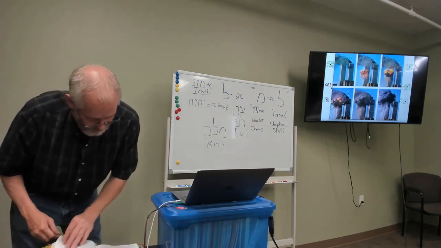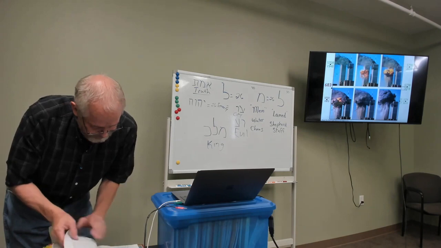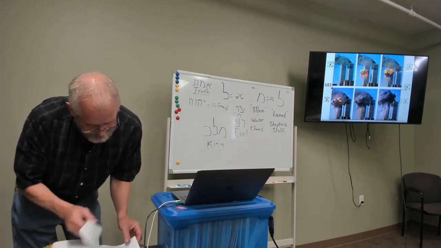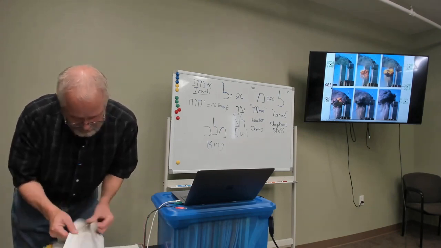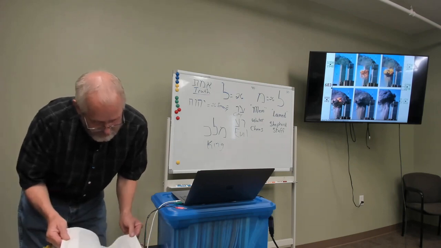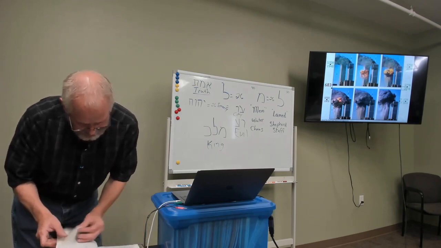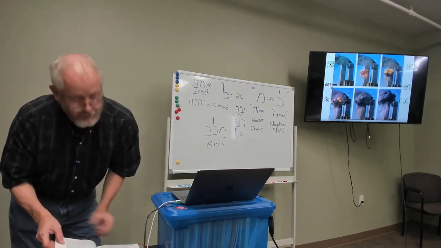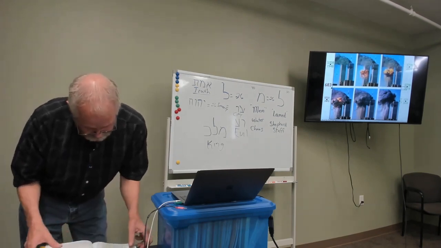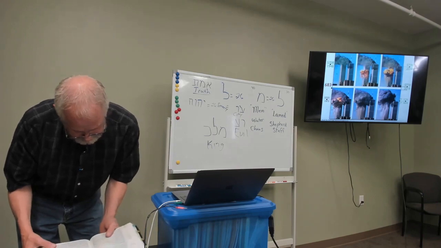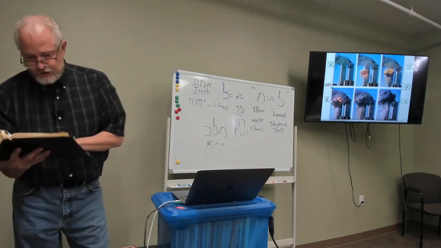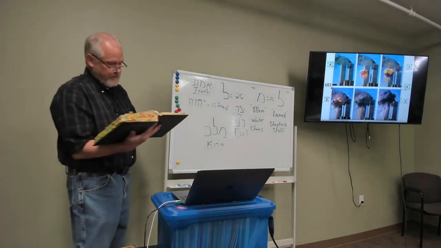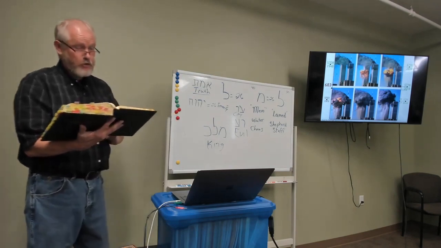We're back to 4. So it says, chop down the tree and cut off its branches, cast its foliage and scatter its fruit.